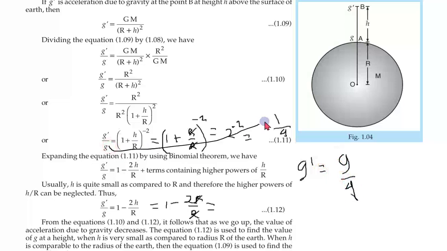When one goes up to height h equal to r, g will be less by 4 times. So 9.8 by 4 is about 2.4. It decreases, and the maximum value of g is just at the surface of the earth.